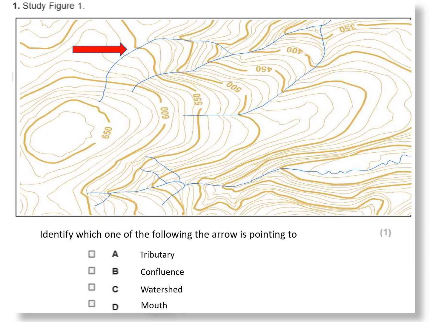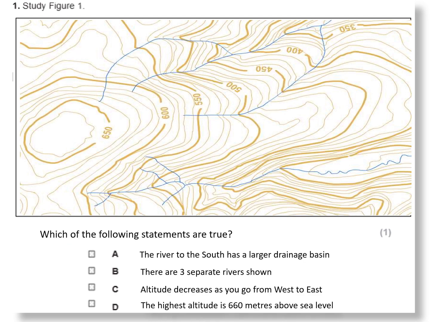You're going to be shown 5 figures with multiple choice questions. Now, study figure 1 and identify which one is being shown by the arrow. It was a tributary. This is the second question. There could be more than one.